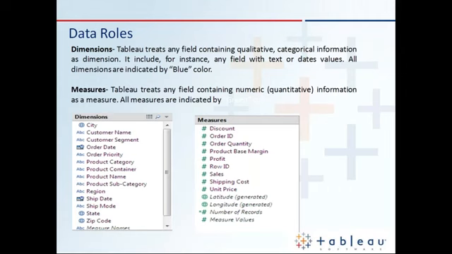A dimension, such as the customer name, always remains the same. Once customer X came into our store and purchased a product, X always remains the same.